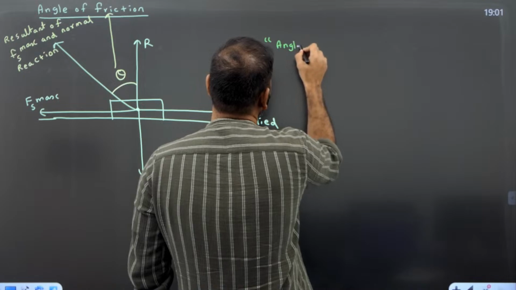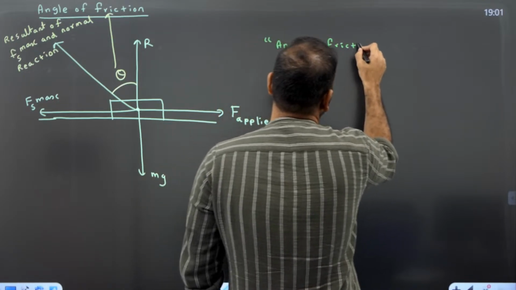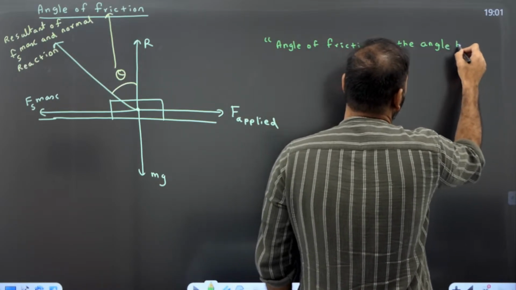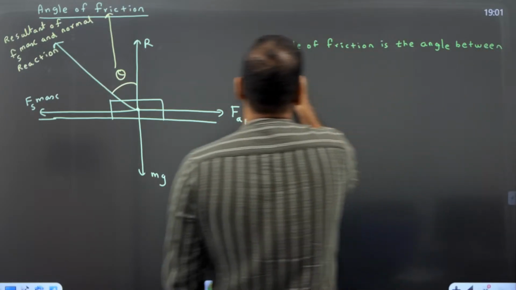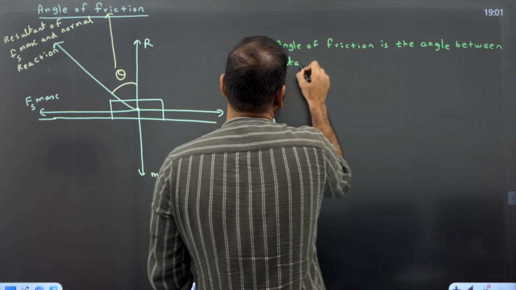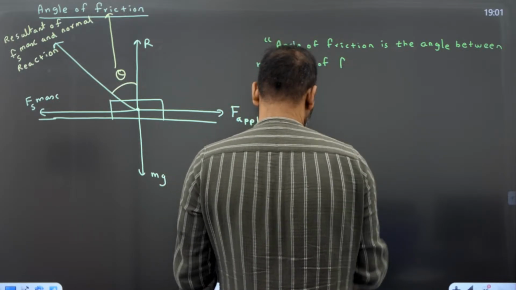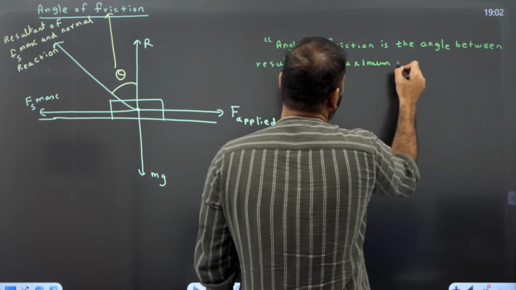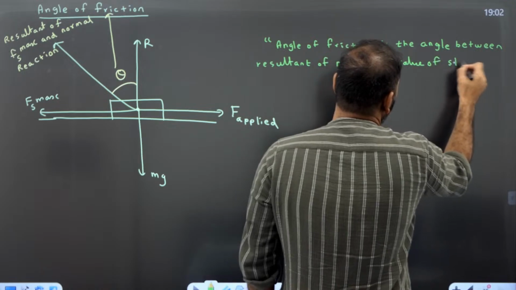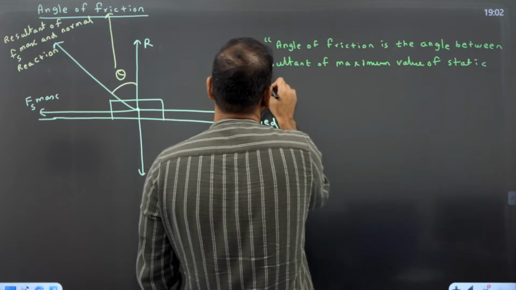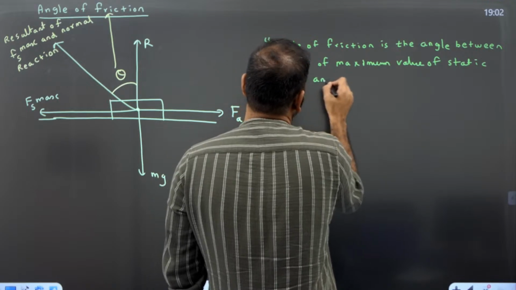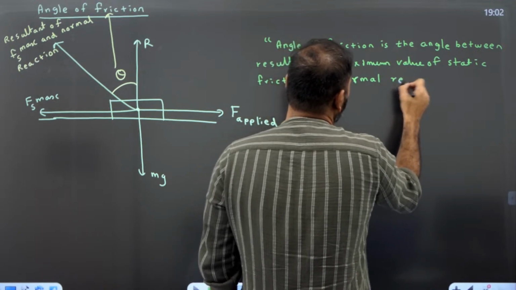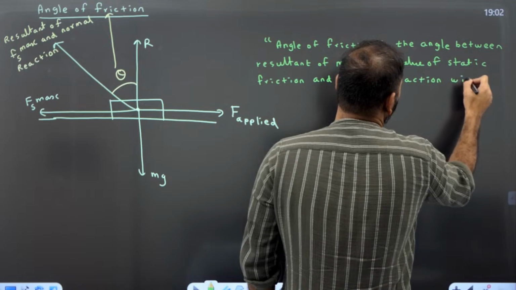Angle of friction is the angle between the resultant of the maximum value of static friction and normal reaction, with the normal reaction.